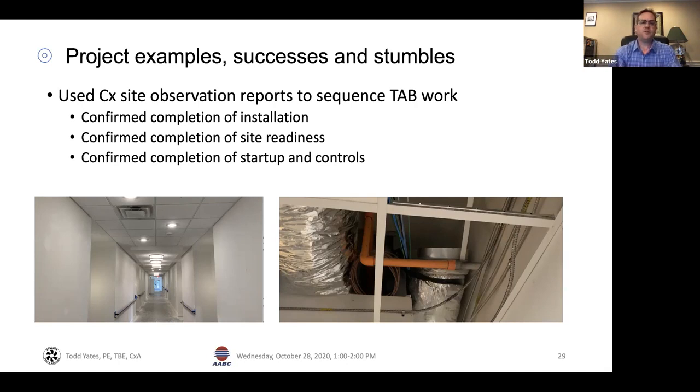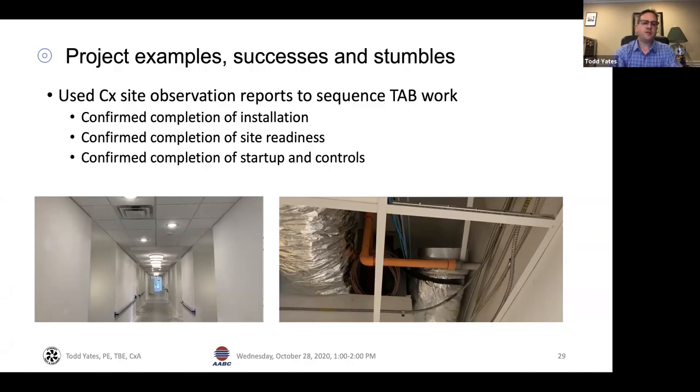We were able to confirm completion of startup and controls. That's a big thing. And again, no project is perfect. But if we can eliminate even 50% of the issues that we normally have to go to a project and find, we're well ahead of the game.